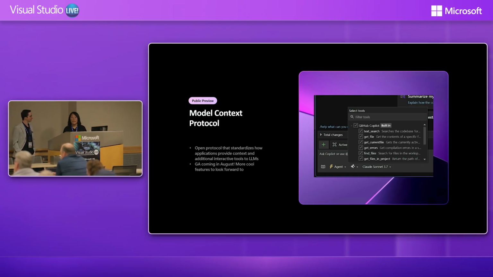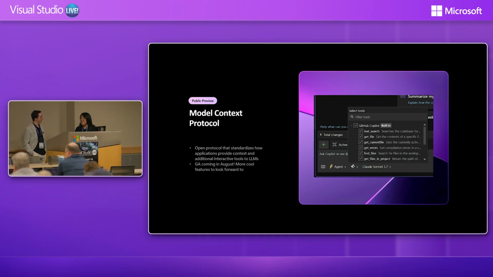MCP standardizes the way outside applications can provide additional context and additional tools to your LLM or agent so it can interact with your workflow. So no matter where your work lives, like Azure, GitHub, some random monitoring dashboard you use, just connect it, and Copilot will be able to automatically grab all the information and interact with it out there. You don't have to hunt everything down. You don't have to keep copy-pasting things over. Copilot in Visual Studio will be able to grab it for you.